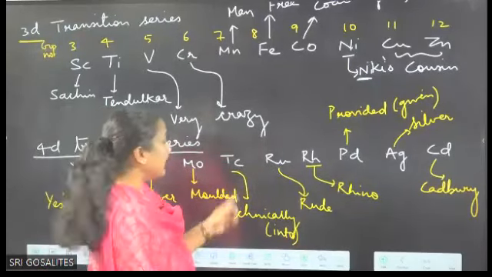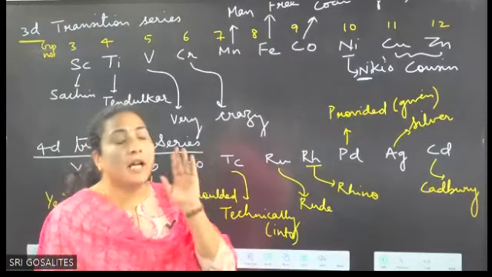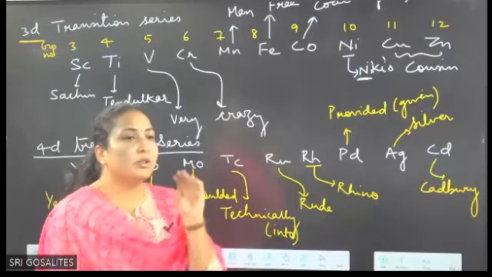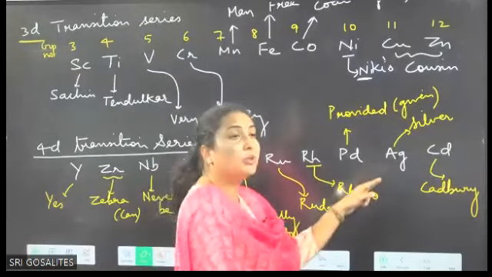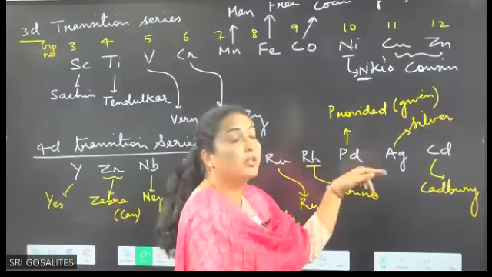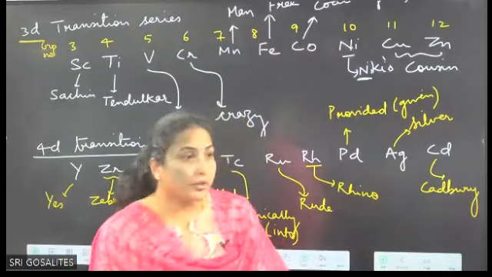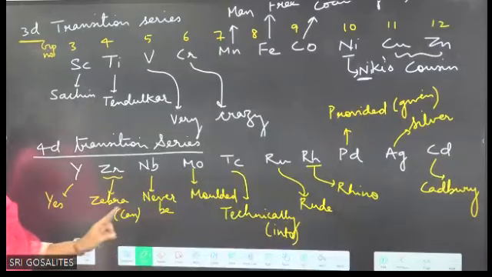Technically, unless you give them silver Cadbury, which we all love, Dairy Milk, the zebra might get molded into the rude rhino. Did you understand the mnemonic?